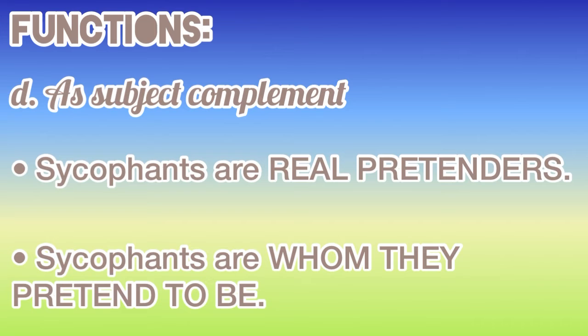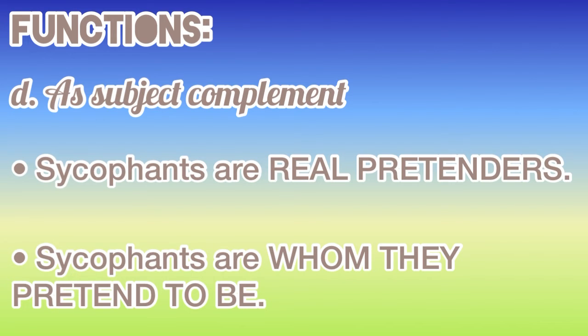The first example, real pretenders, is a noun phrase because it has a noun as its head word, pretenders. Then the second example, whom they pretend to be: we see that there is a subject and a verb there. They serve as subject complement. Why? They complement the subject. They serve as the same persons as sycophants.